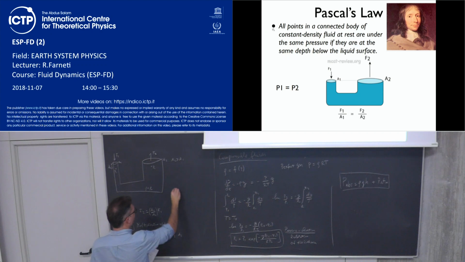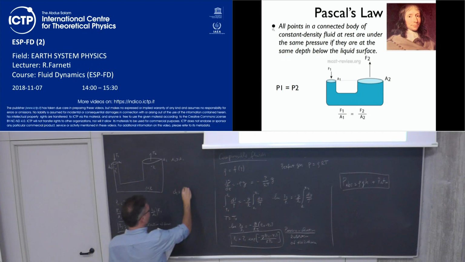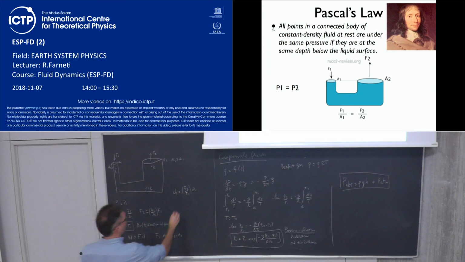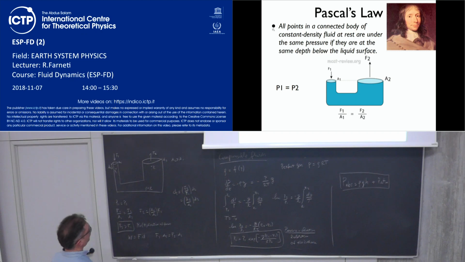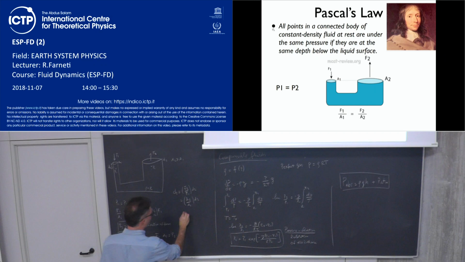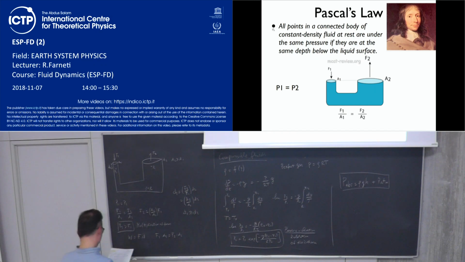So my D1 is equal to F2 over F1 times D2, which is equal to A2 over A1 times D2. Okay? But I know that A2 is much larger than A1, meaning that D1 must be much larger than D2. Yes.